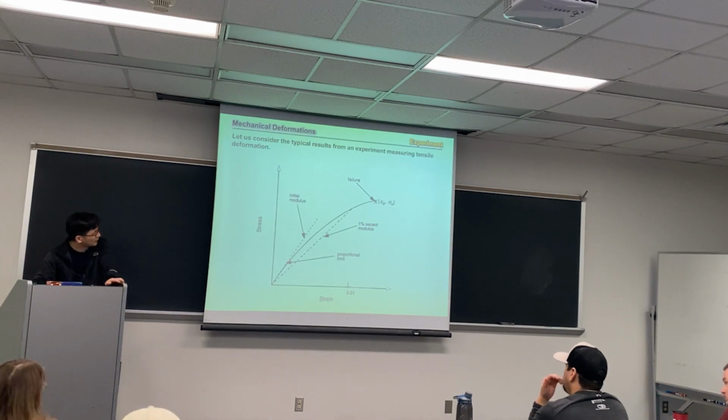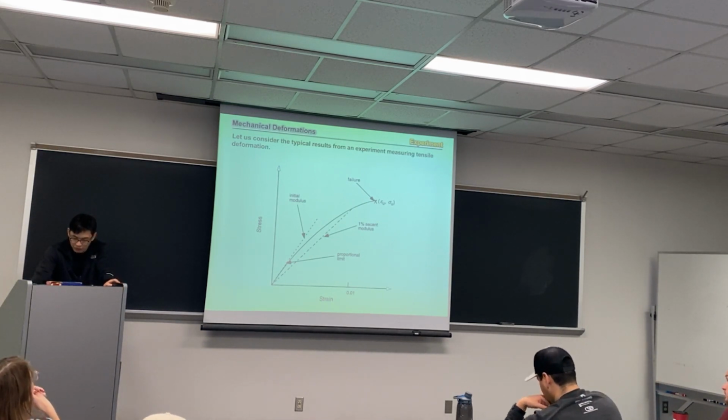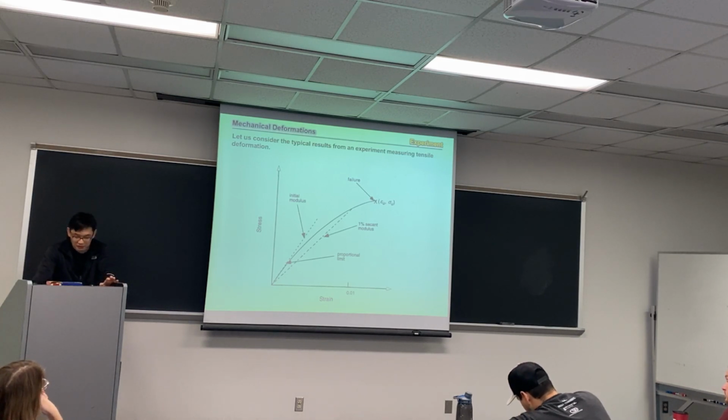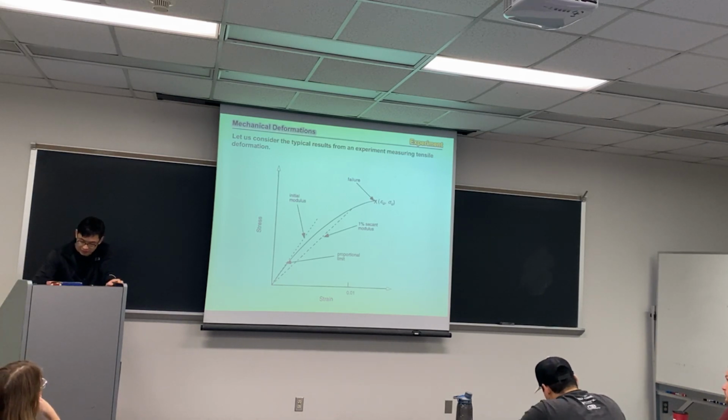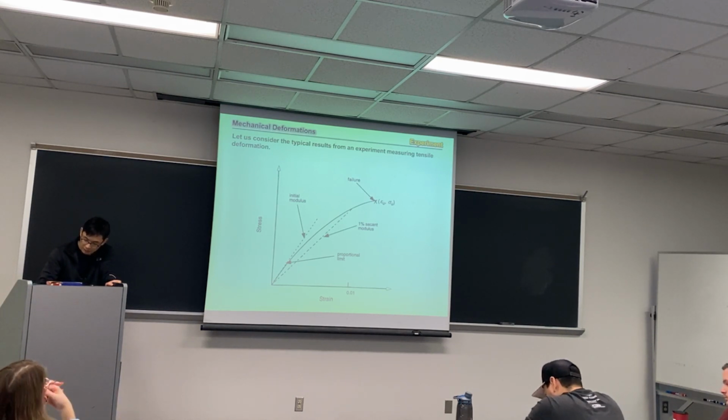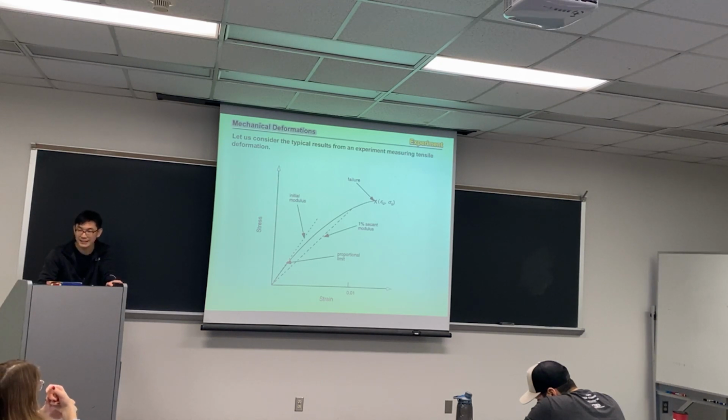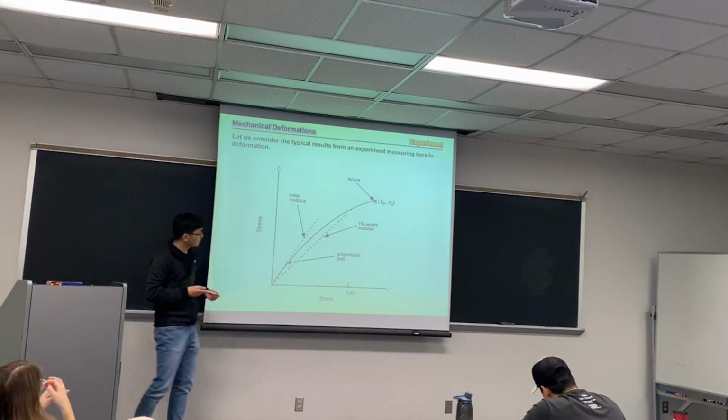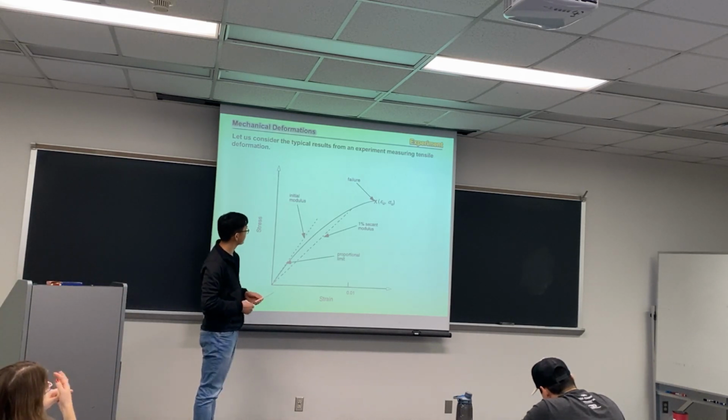Well, this is a classic example. Very general, there's no material attached. So you apply stress and strain, you would have this behavior. Please note this is not strictly elastic deformation, because otherwise you would only have a straight line. I want to pull your attention to several different regions.